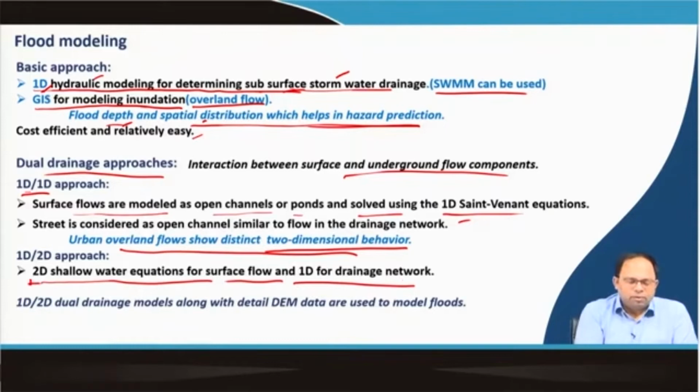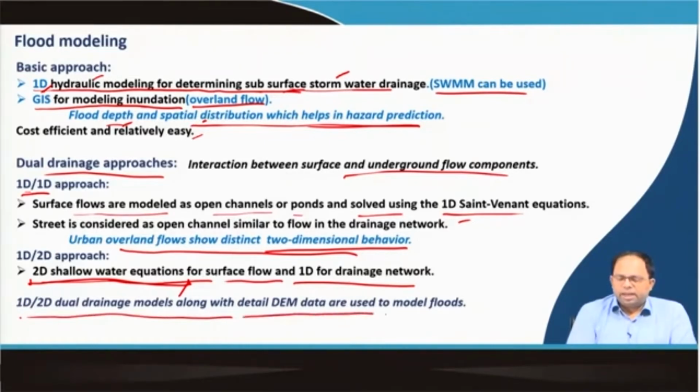So, 2D shallow water equations are utilized instead of the 1D shallow water equations, and that is used to determine the overland flow at a particular area. So, 1D-2D dual drainage models along with detailed DEM data are used to model floods.